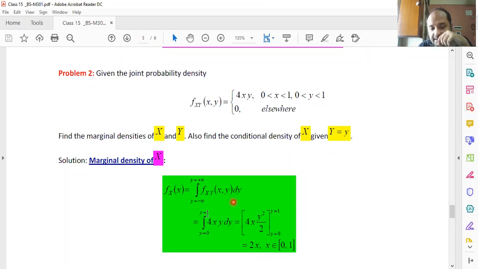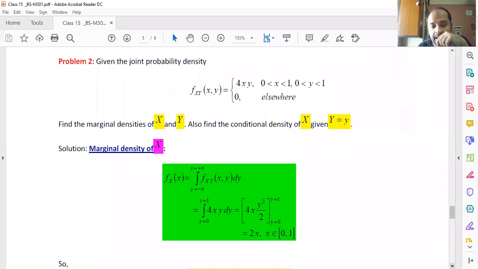When we integrate, since this function contains both x and y but we are going to integrate with respect to y, the term x will be treated as constant. So there will be no change in the term x. You already know it from your previous experience. So we will write it as 4x into y squared by 2, with y running from 0 to 1, which comes out as 2x, where x belongs to (0, 1).